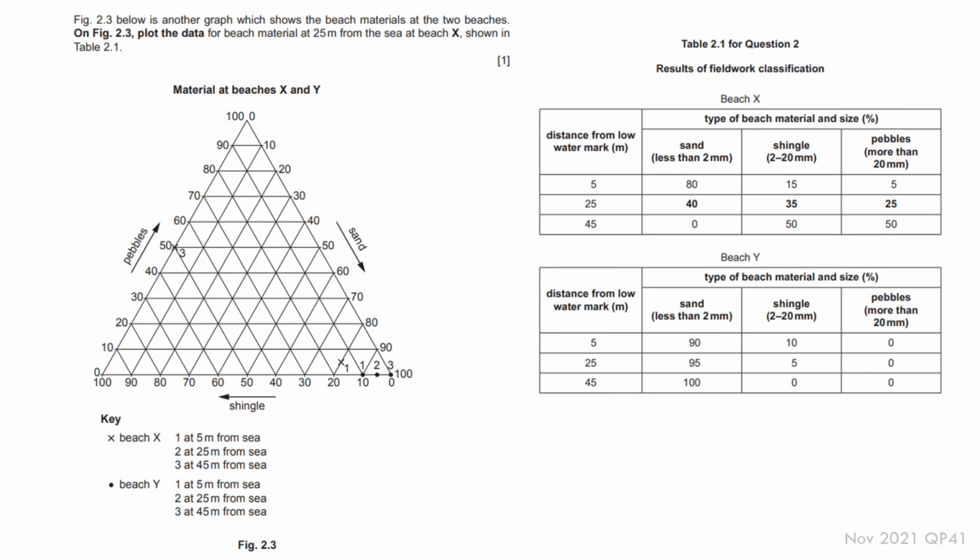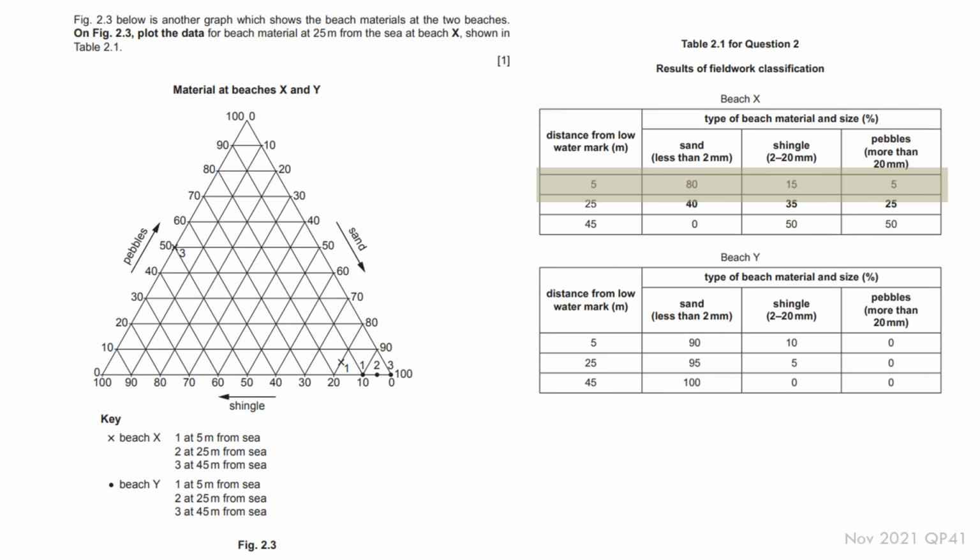Now, here you can see something that is very unique to coastal investigations, and that's a triangular graph. You might have seen these for maybe industry questions from paper 1 or 2, tourism maybe, but here you can see this is for coast, looking at how you plot data to show the material on beaches X and Y. So how do these work? Let's take an example. Let's use the first one here at beach X: 80, 15 and 5.